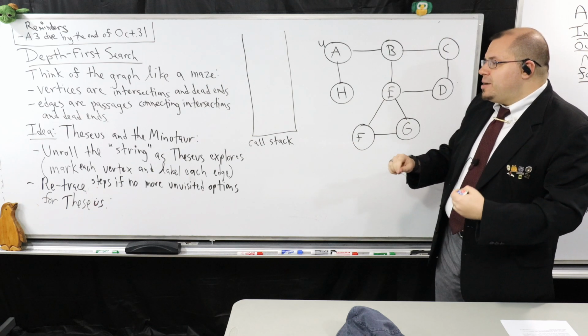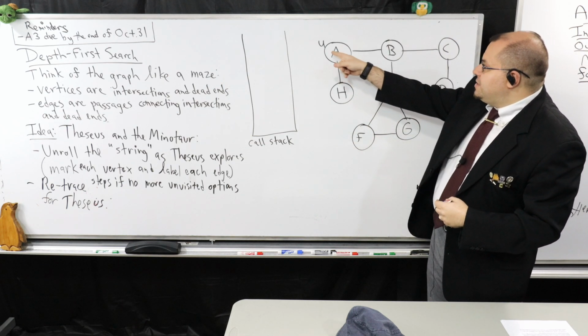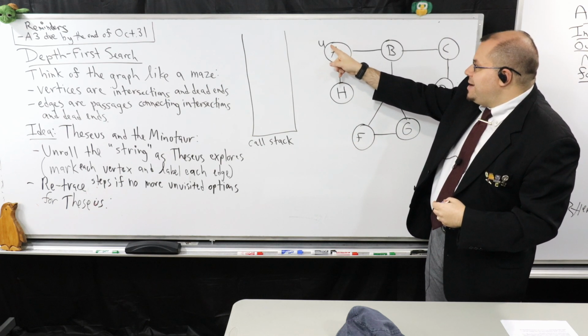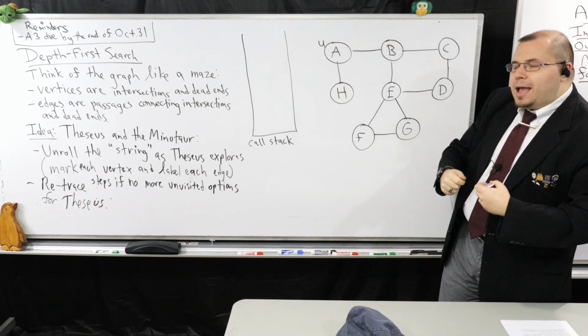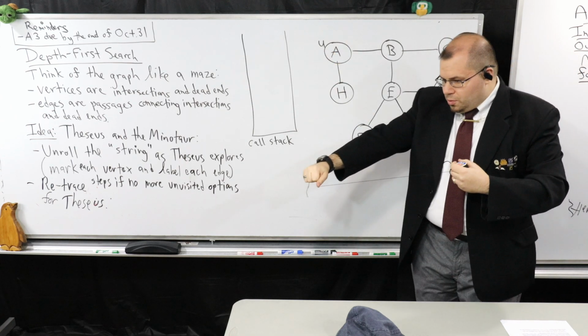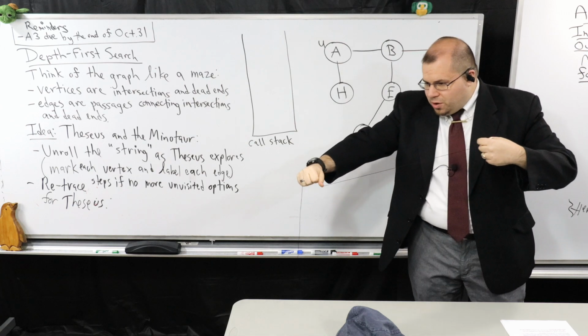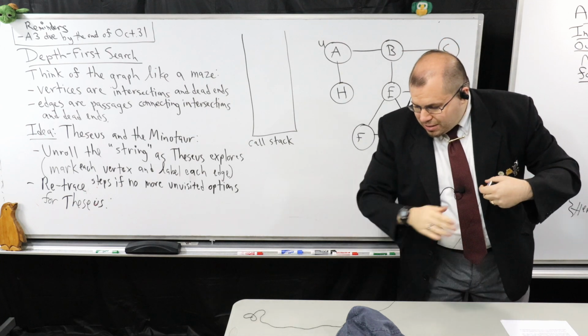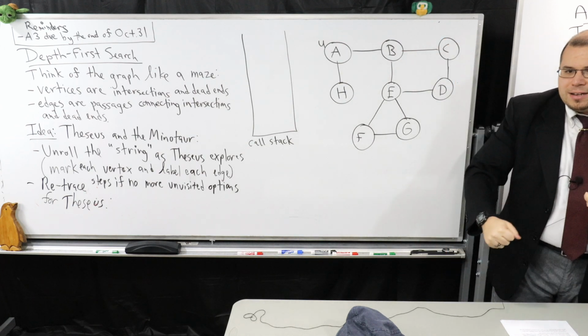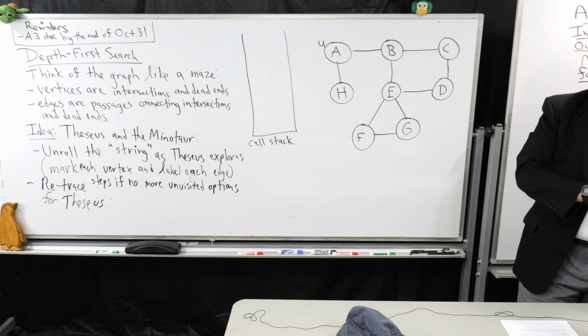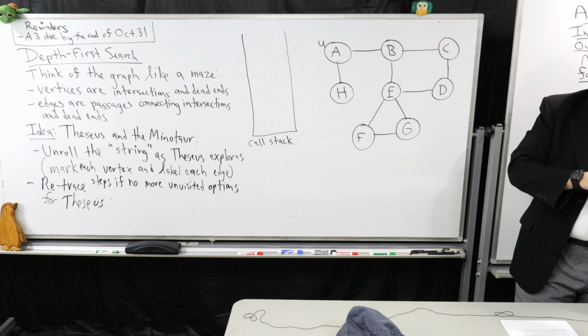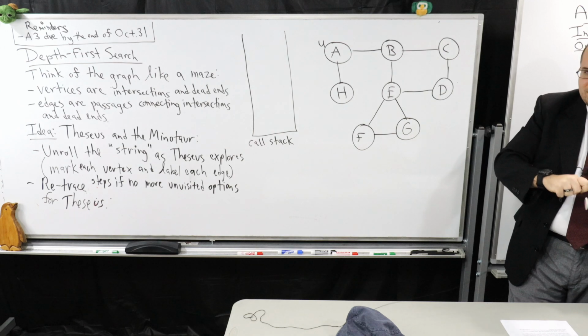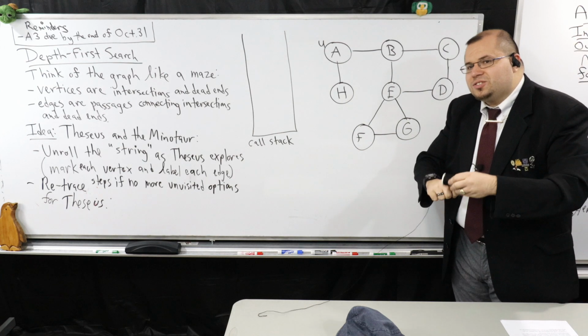First, we're going to imagine that Theseus enters the labyrinth, say right here at A. Theseus is going to reveal more and more of the labyrinth by leaving some of the thread so that Theseus can come back if he hits a dead end and finds no other options to proceed.